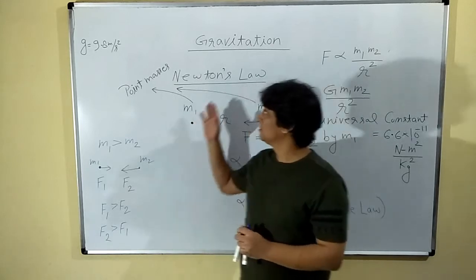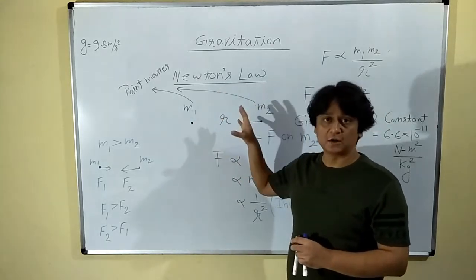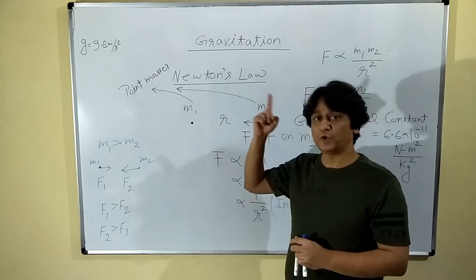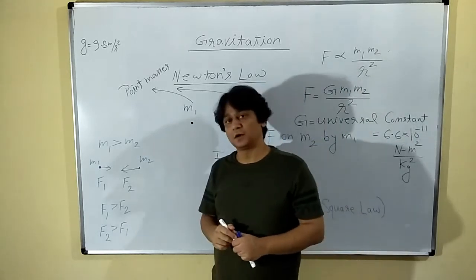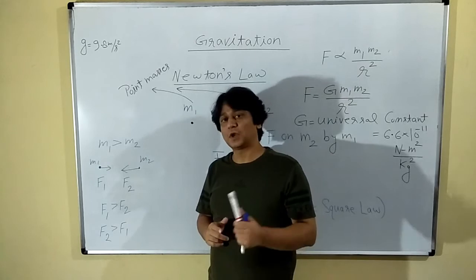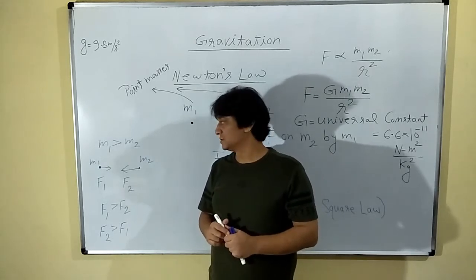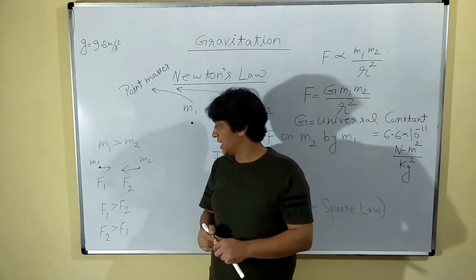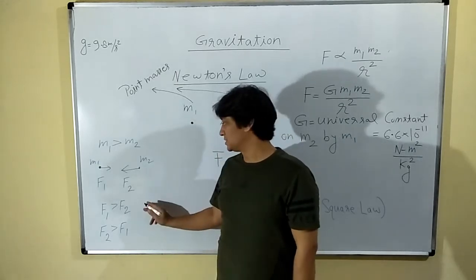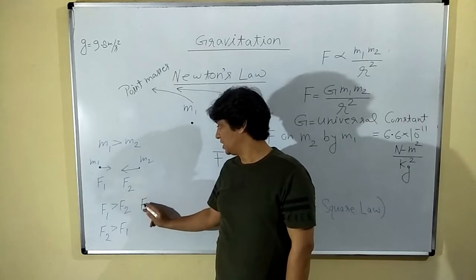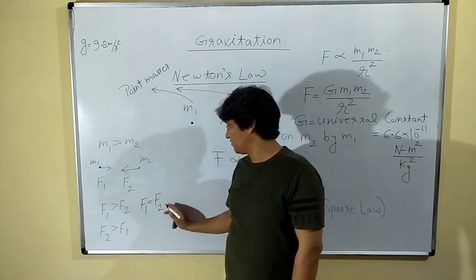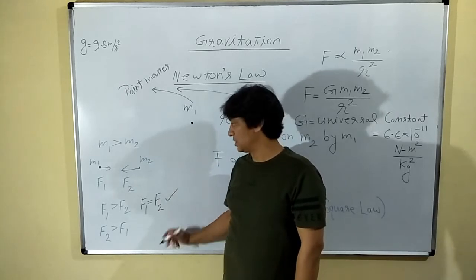But then Newton says that follow his third law which we developed in laws of motion. And what does that law say? It says for every action there is an equal and opposite reaction, and therefore the correct answer is F1 is equal to F2. This is the correct one.